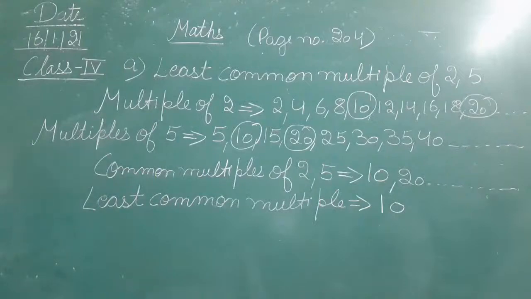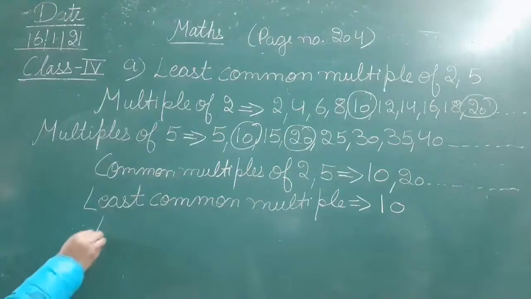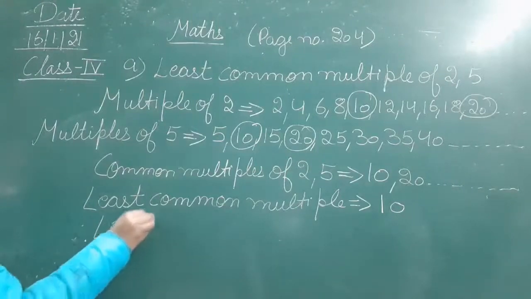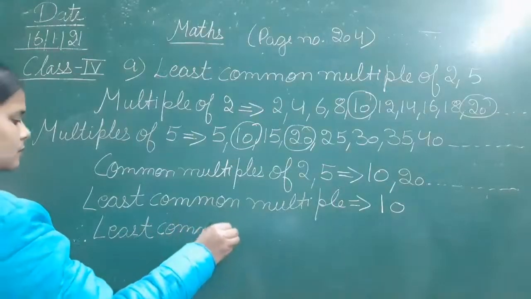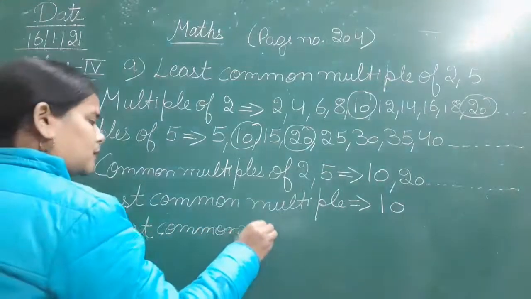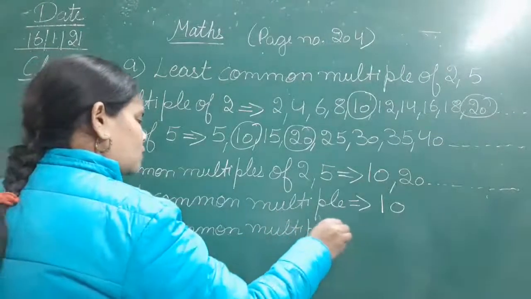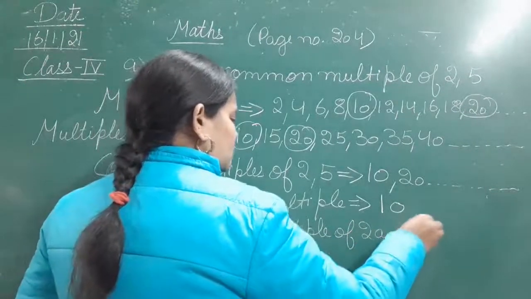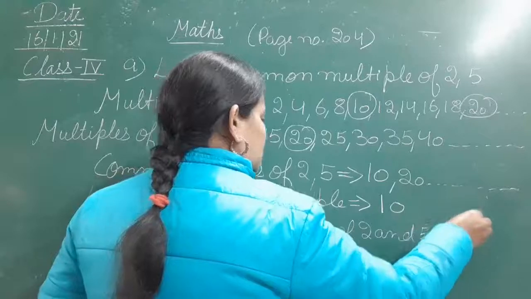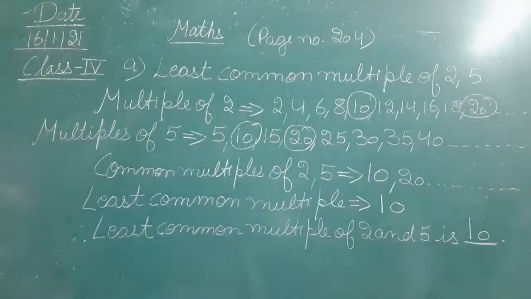Okay, and write down the solution. Therefore, as LCM or least common multiple you can write: therefore, least common multiple of 2 and 5 is 10.